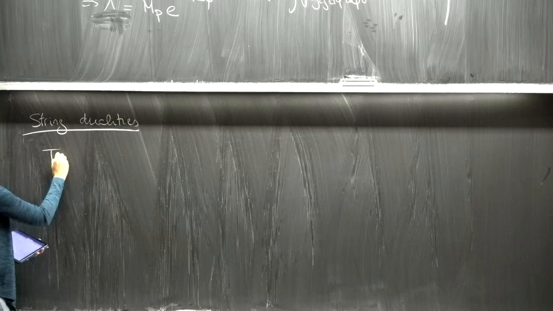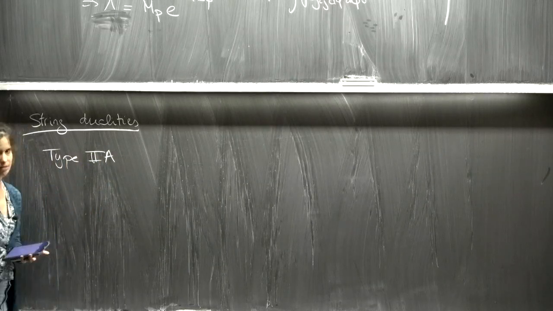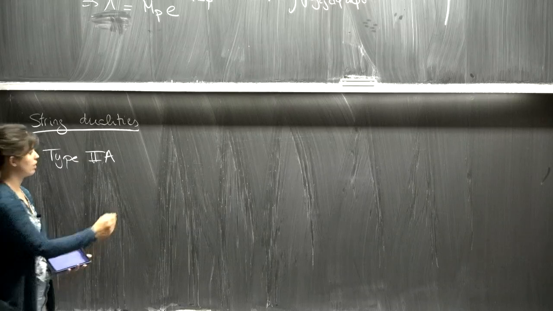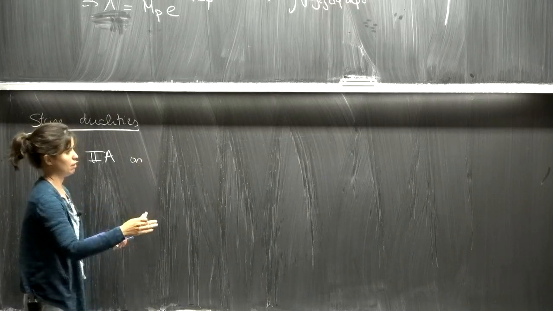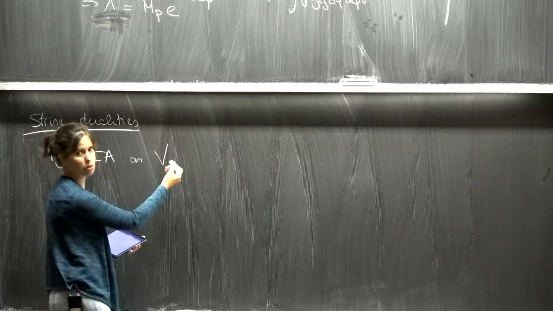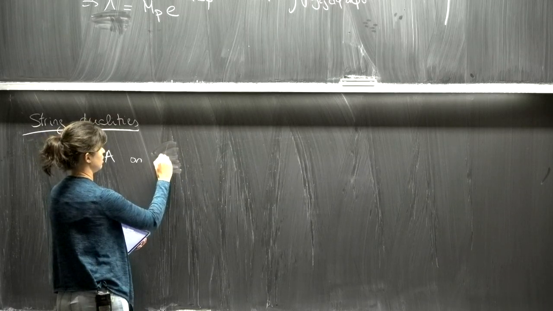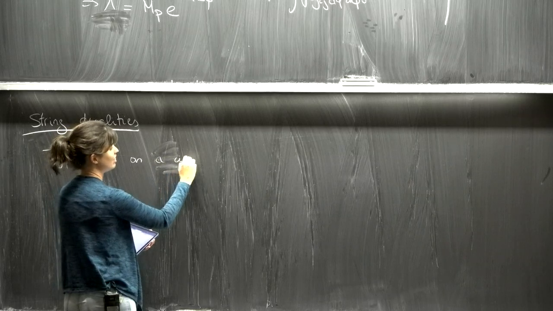So let's take again type 2A string theory. Now, yesterday I gave you the general expression of compactifying on some volume of dimension n. So just to make it simple now, let's consider compactifying on a circle.